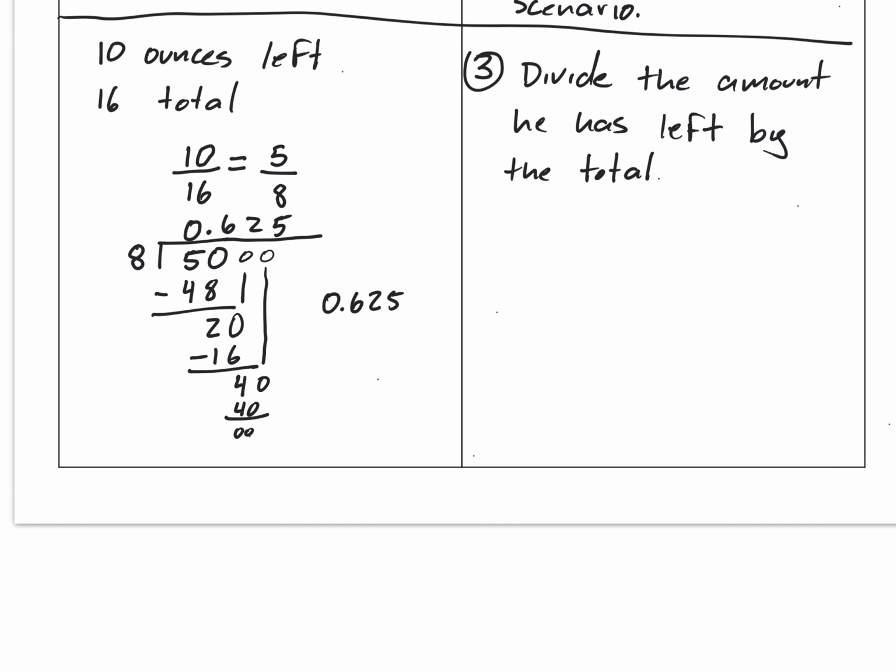And to be able to find the percentage, we only need to move it to the right twice. We're going to move the decimal point to the right twice. So we are going to, our step number 4, convert the decimal to a percent.